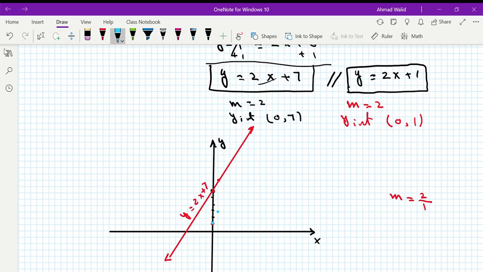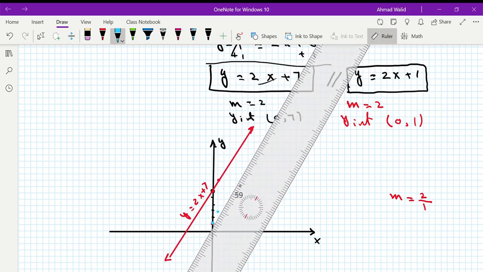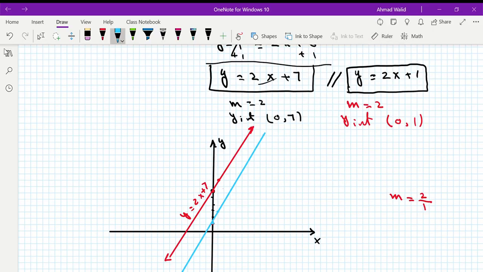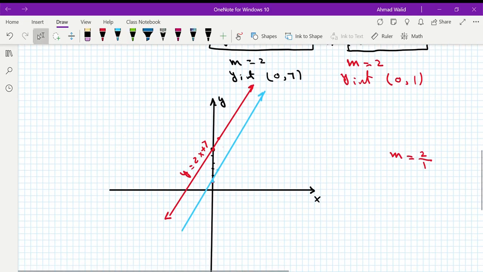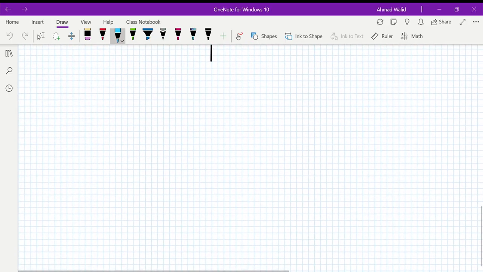If you connect these two and draw your line, easily you can see the lines are parallel to each other. Correct? Lines are what? Parallel to each other. Let me do another example for you.